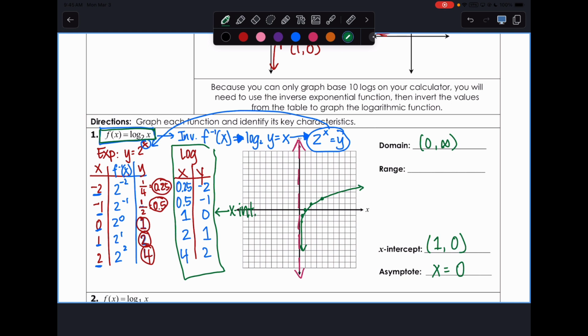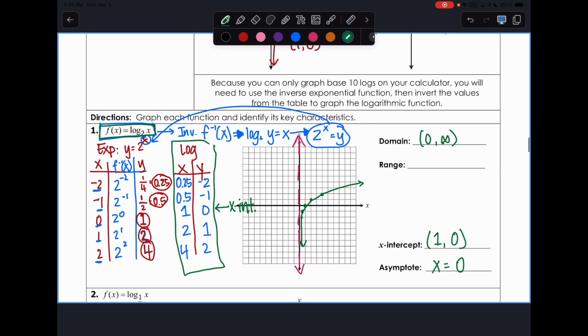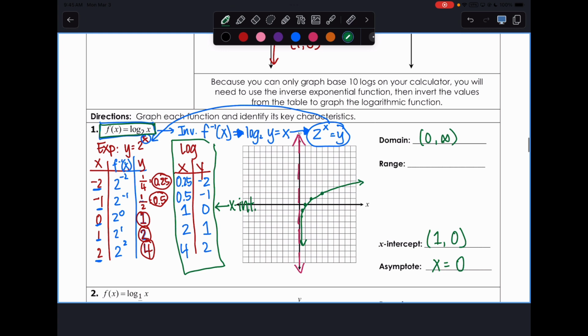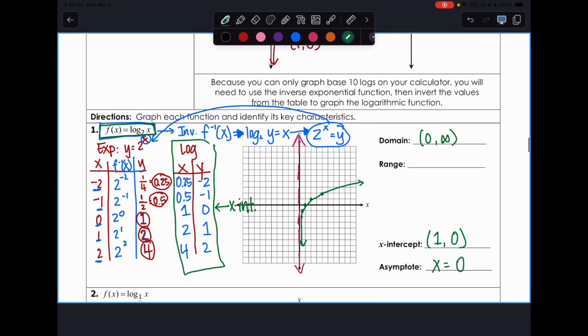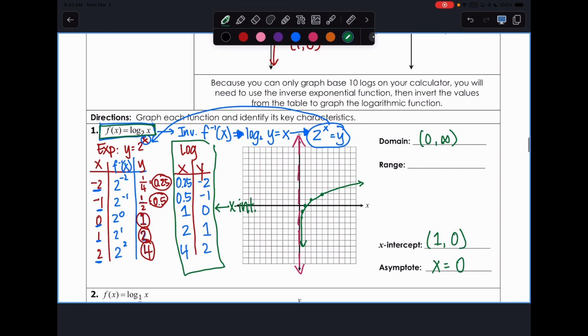A lot of people make that mistake. It's not a bracket anymore for these functions because we do not hit x equals 0. Is there any value here that's going to hit 0 at x? So it's going towards 0, but it is not going to hit 0. So it should be 0 to infinity, and then range should be least to greatest.